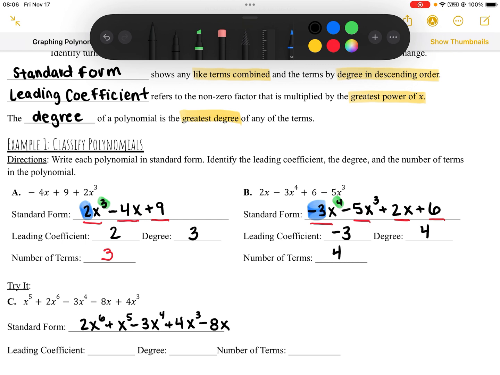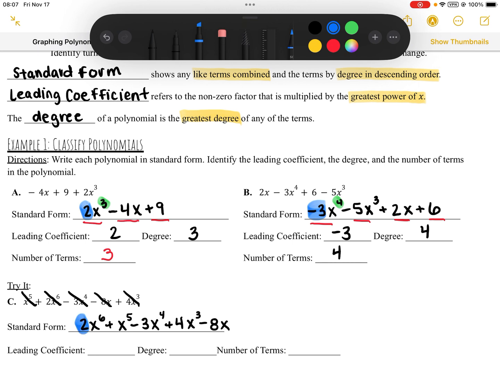A good tip when you are doing this, if you want to cross off the terms that you have used, so you make sure you don't miss any, you can definitely do that. So if I would go through, I started with 2x to the 6th, mark it off, and then x to the 5th, negative 3x to the 4th, 4x cubed, minus 8x. So then you see that you didn't miss any terms when you wrote it in standard form.